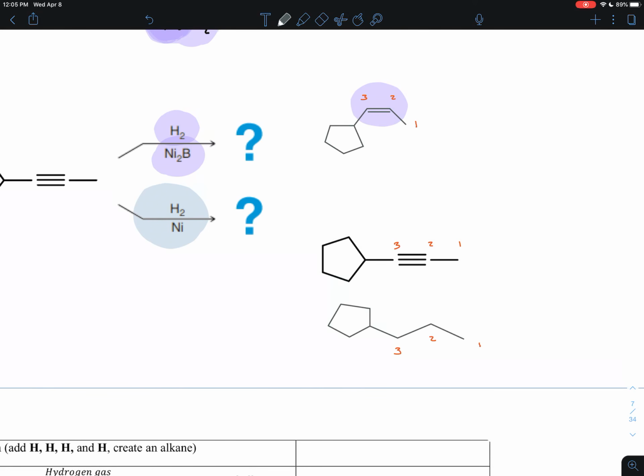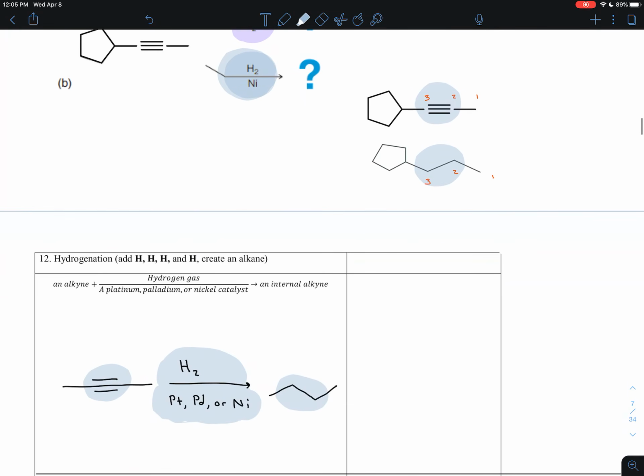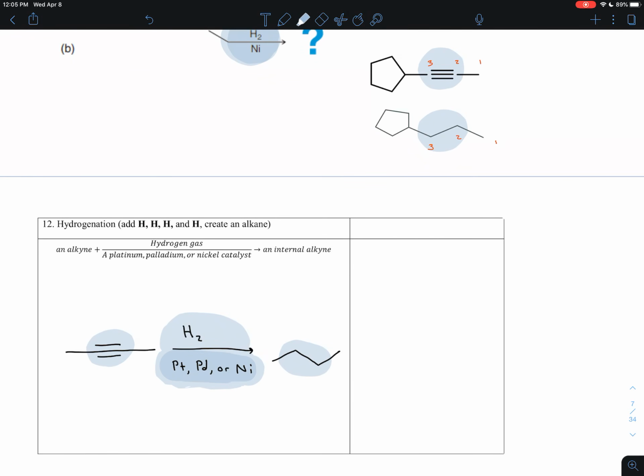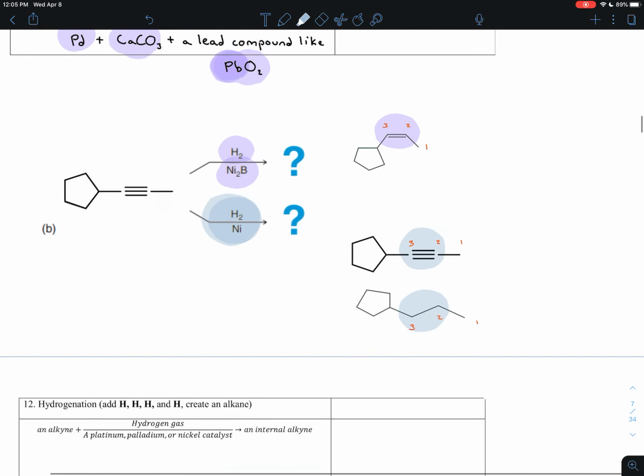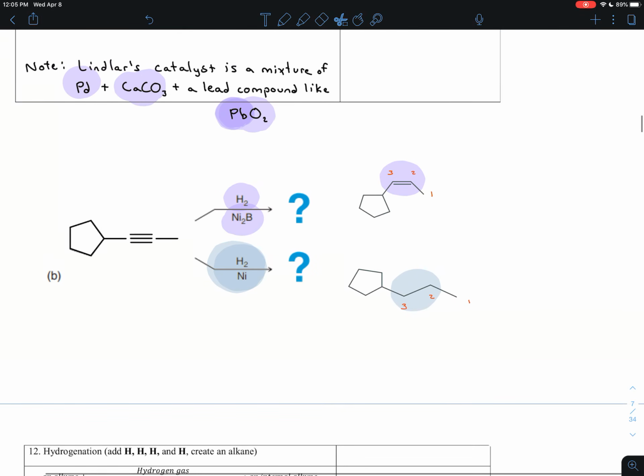So something like that. Notice how the bond between carbons 2 and 3 went from a triple bond to a single bond. So when you do hydrogenation just with a regular old catalyst, not a poisoned one, by regular catalyst I mean just platinum, palladium, or nickel by themselves, it takes the triple bond and turns it into a single bond. And so the correct molecule here would be this alkane that we have below.